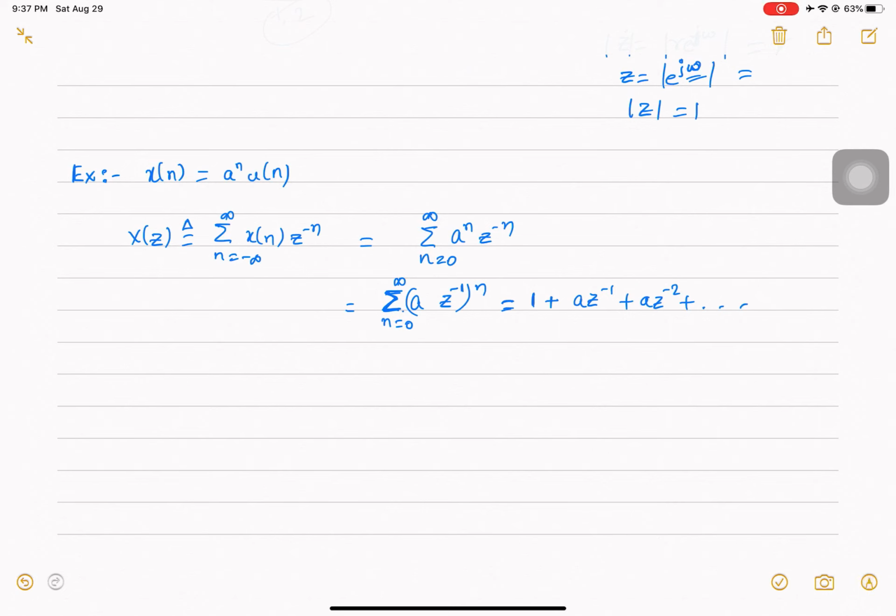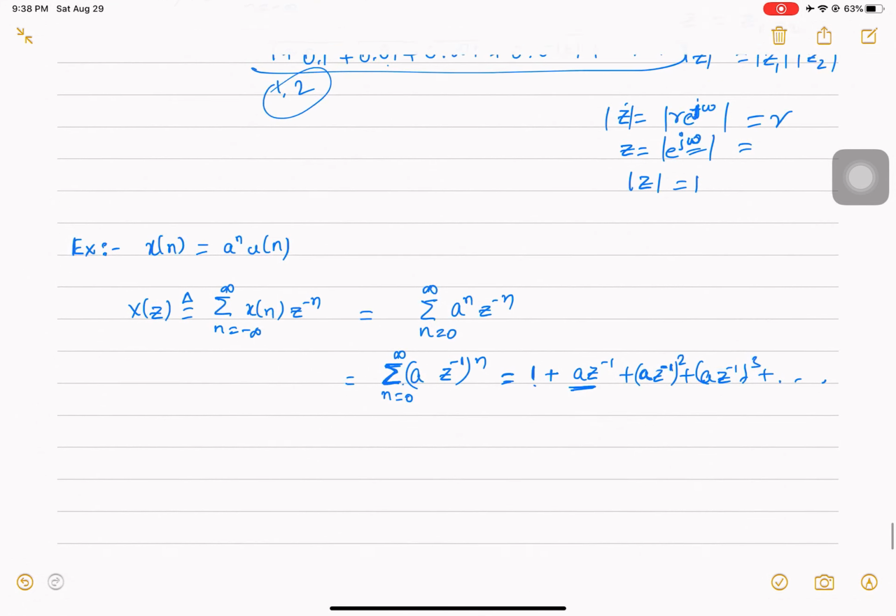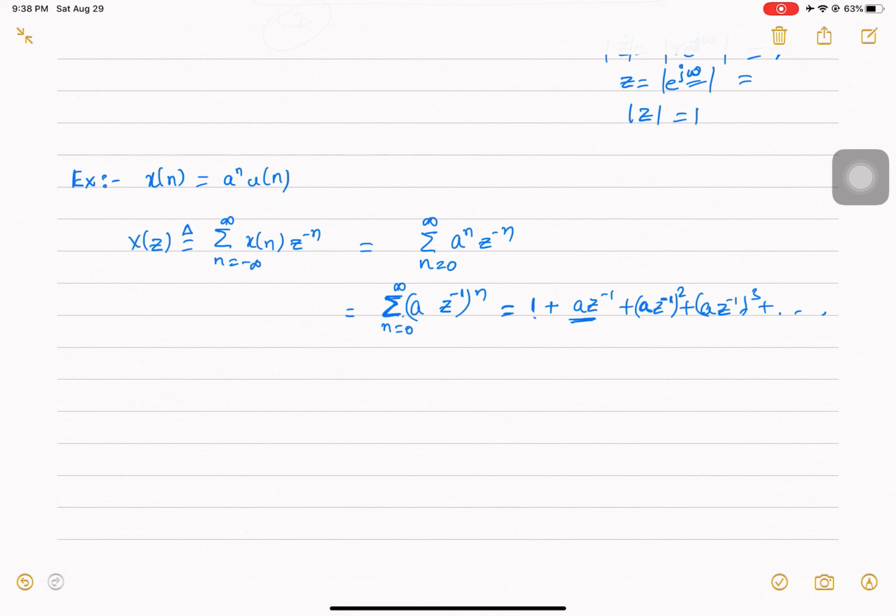So now, when will this series be convergent? When the magnitude of az inverse is less than 1. Suppose az inverse is 2; then the next term will be a square z inverse square, and so on. So if this is 2, this is 4, this is 8, so on and so forth, obviously the series is diverging. The sum will obviously go to infinity.